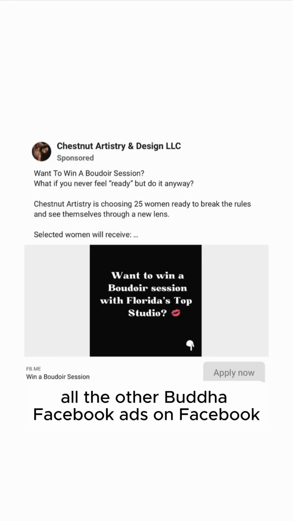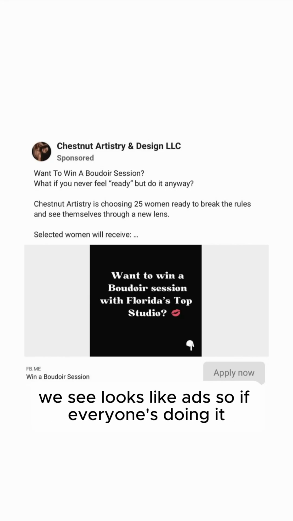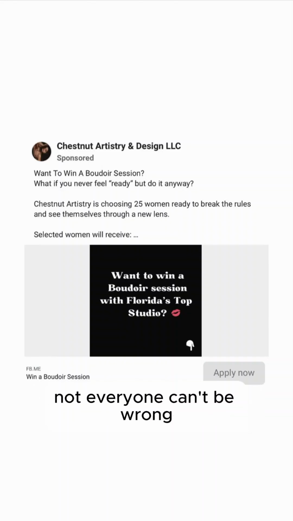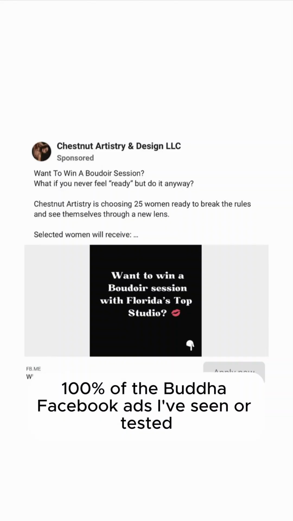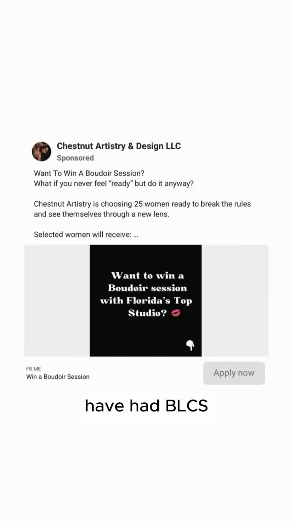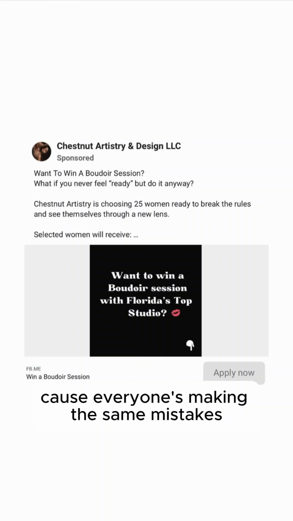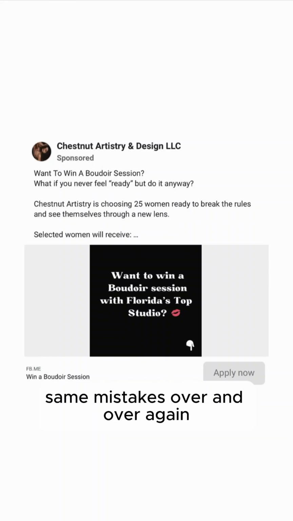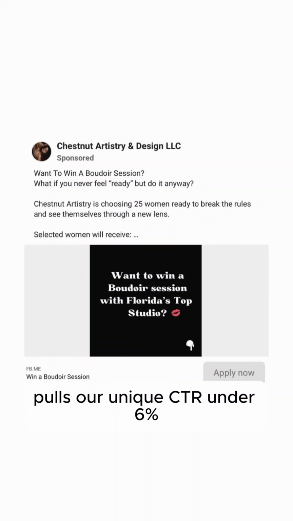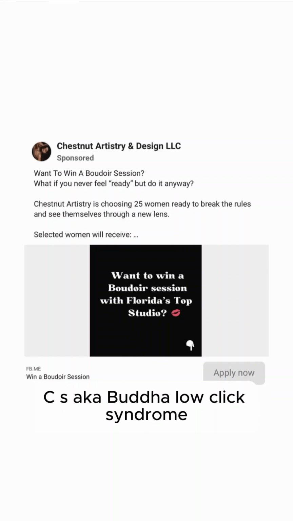All the other Boudoir Facebook ads we see look like ads. So if everyone's doing it, everyone can't be wrong, can they? Well, actually 100% of Boudoir Facebook ads I've seen or tested have had BLCS because everyone's making the same mistakes over and over again. So the consequence of this pulls our unique CTR under 6% and contributes to BLCS, aka Boudoir low click syndrome.